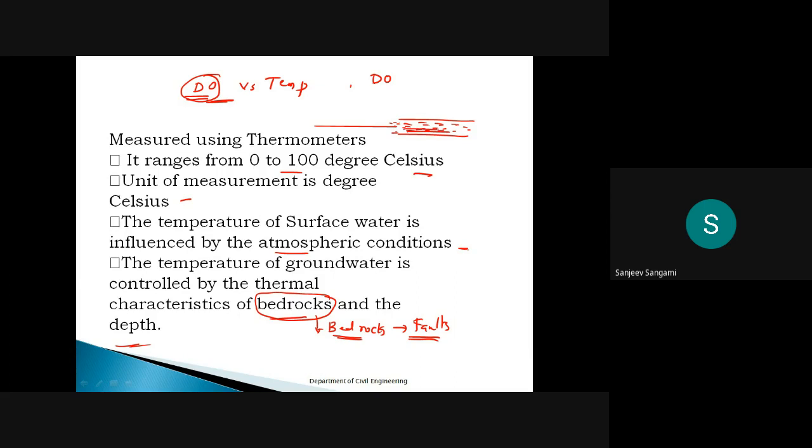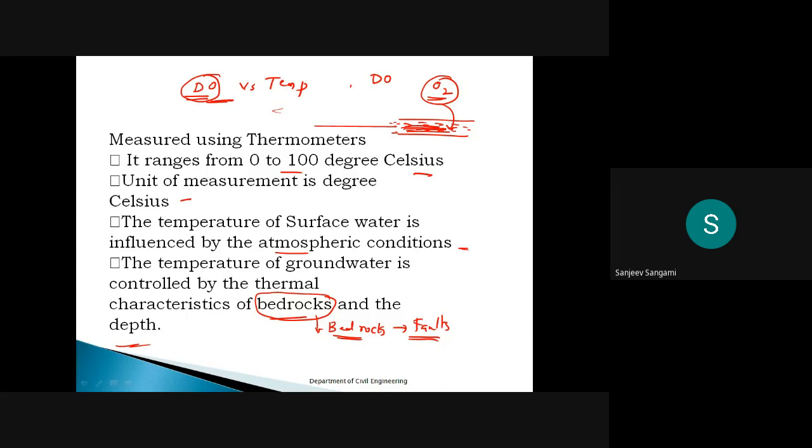Whenever it is moving, the atmospheric oxygen that is present is going to dissolve in this water. Then we can call that dissolved oxygen. The oxygen that is dissolved in water, we call dissolved oxygen.